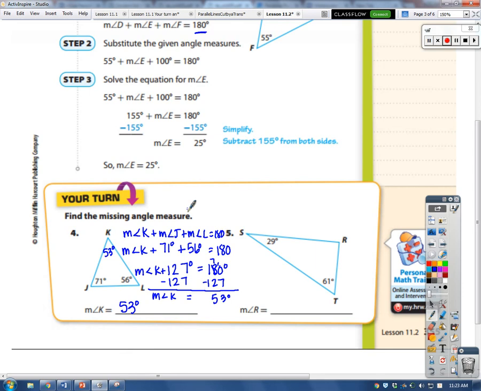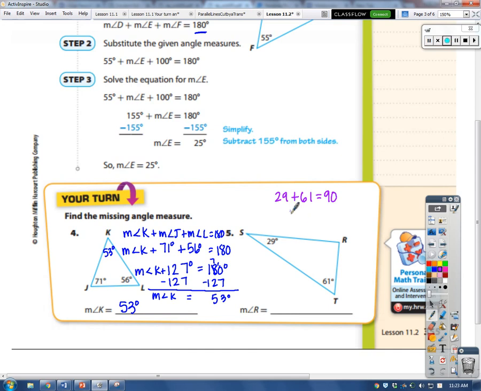Okay, so I'm not going to do all this longhand for this next one. I'm just going to take what I know and do it a little bit quicker, right? So I know that all 3 of these should be 180, the sum. So I've got 29 plus 61. 29 plus 61 equals 90.